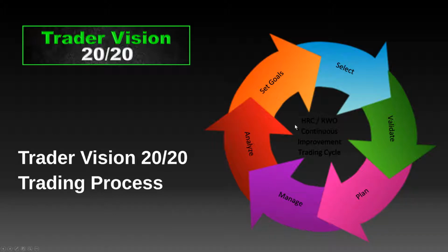They manage those trades towards those goals. They analyze each and every trade as well as their overall performance to figure out what's working, what's not working, and they adjust based on those things. Hopefully that will be an upward spiral and they'll keep increasing their goals and continuing to manage themselves towards more profitability.